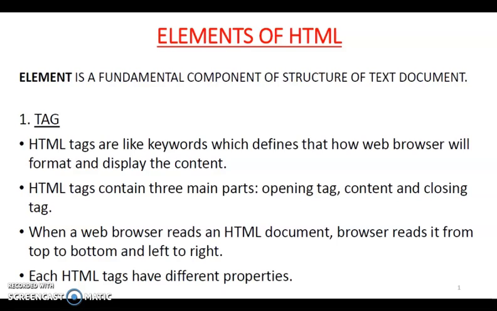HTML tags are surrounded by two characters, the open and close angle bracket. Whenever the web browser runs, it reads the HTML document from top to bottom and left to right. And each tag has its own property.